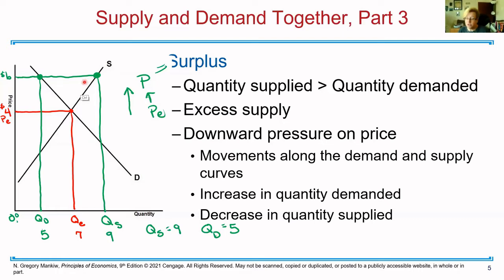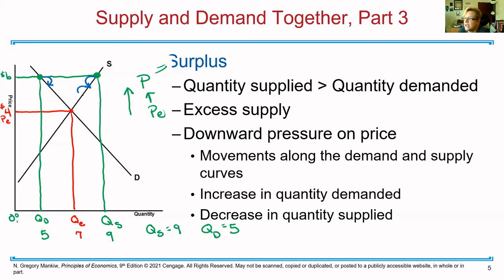You're right. If you're a supplier, you're going to decrease the price. So what suppliers are going to do if they've made too many or misjudged demand is they're going to start to lower the price. As they lower the price, some additional buyers will want it.